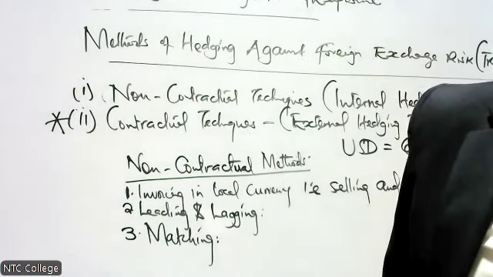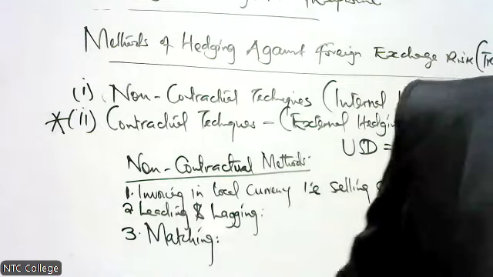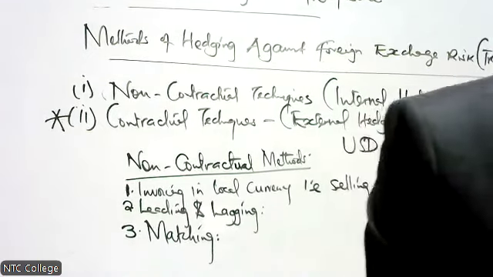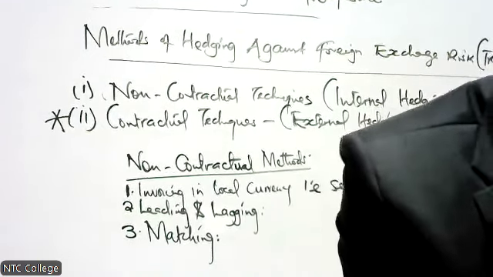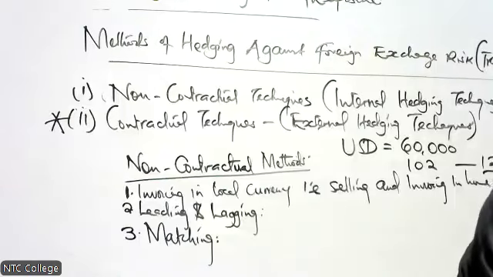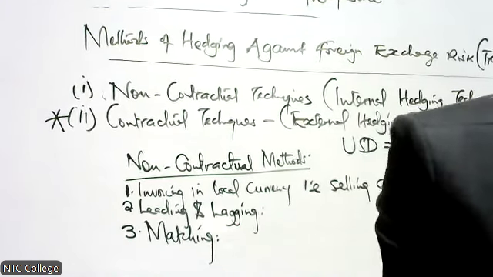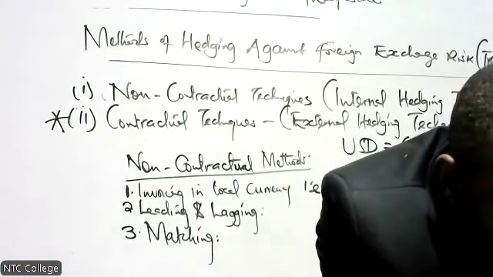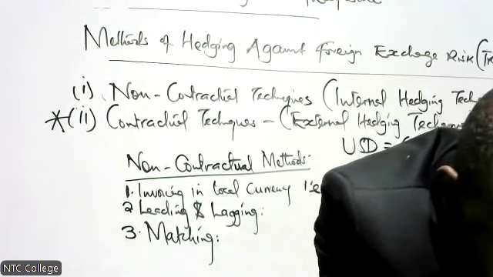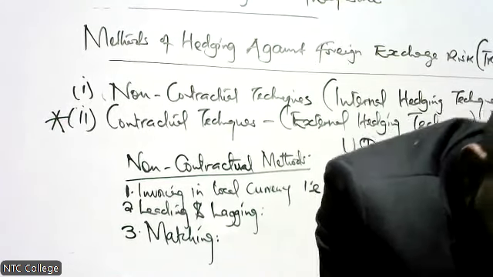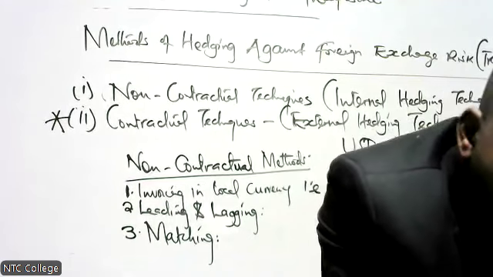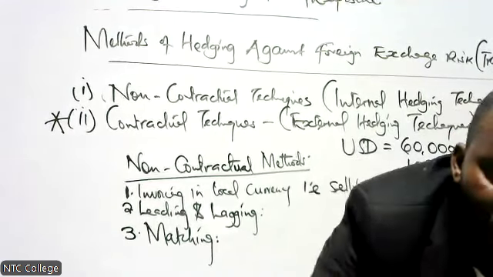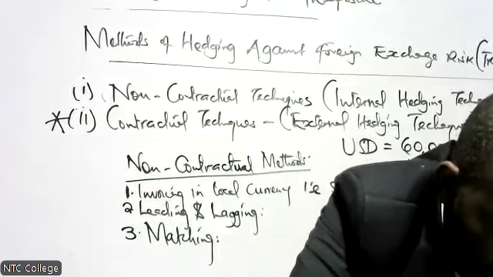Netting entails offsetting foreign debtors and foreign creditors.